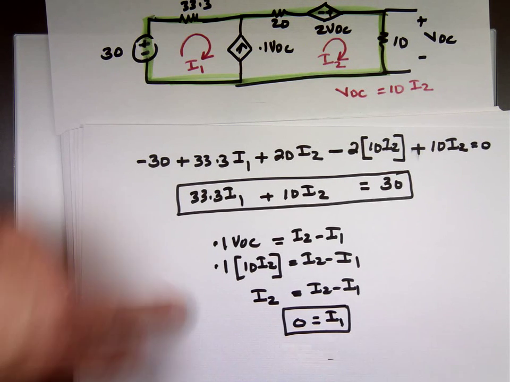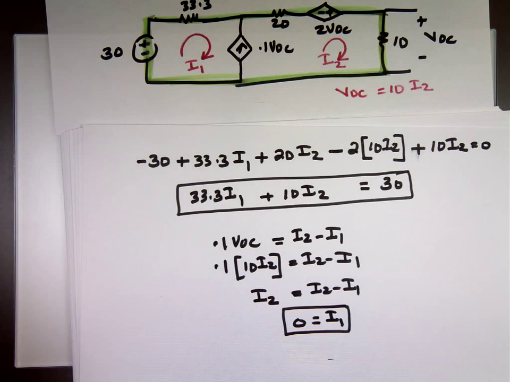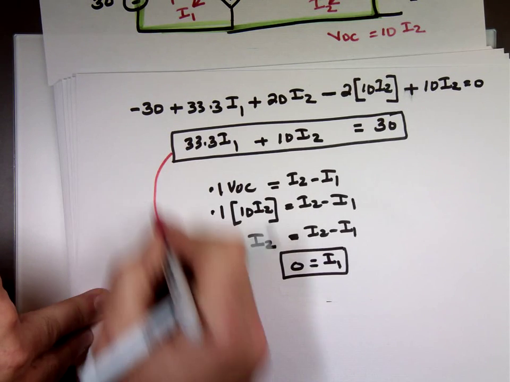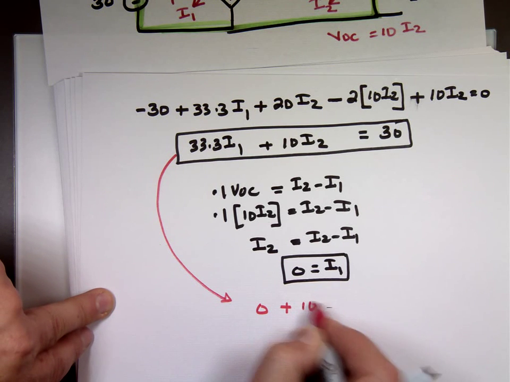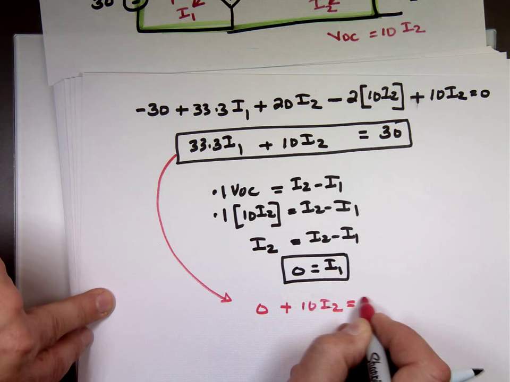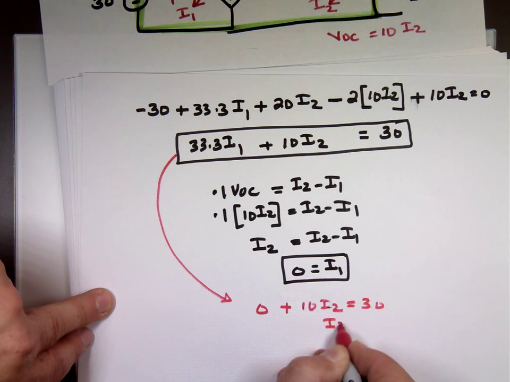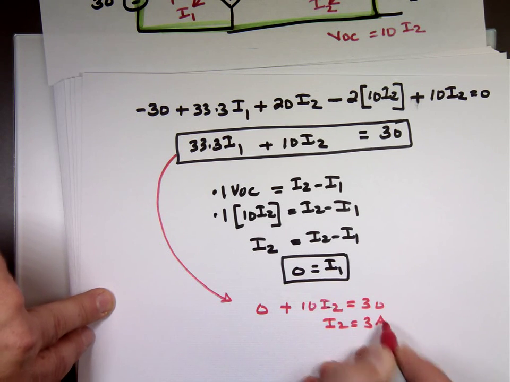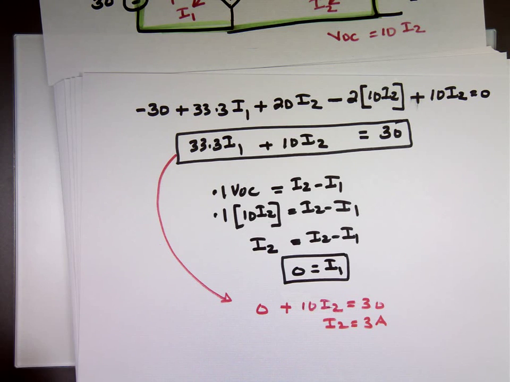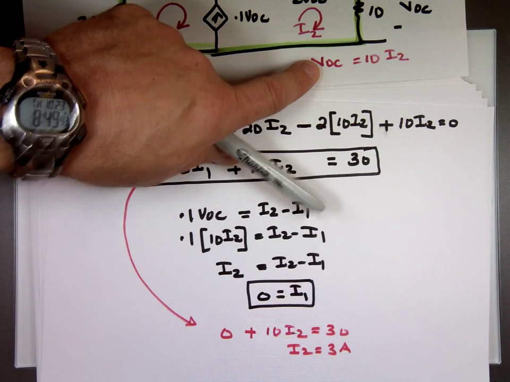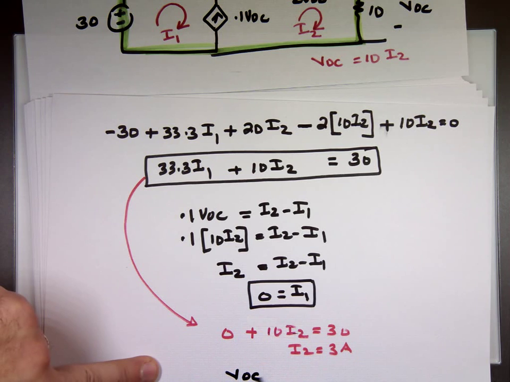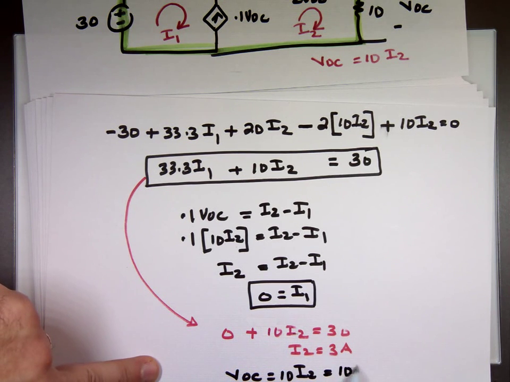From this equation, 0 plus 10 I sub 2 is equal to 30. What's I sub 2 equal to? 3 amps? Going back to that equation, V open circuit equals 10 I sub 2, which means 10 times 3, and that is 30 volts.